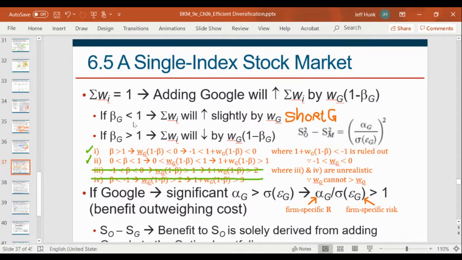So if beta is less than 1, what does that mean? We'll have to break it down further. Less than 1 means between 0 and 1, right? Of course, less than 1 also means the negative range. What if Google's beta is negative? We'll have to think about the range where beta falls between 0 and -1, and then even when beta is less than -1.